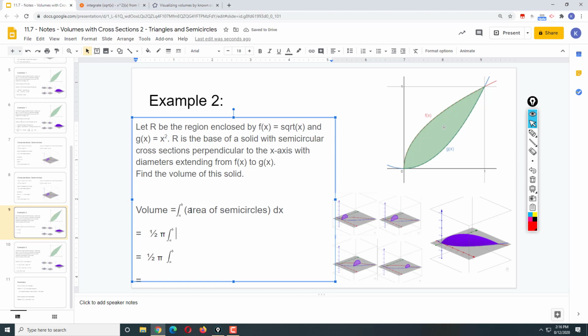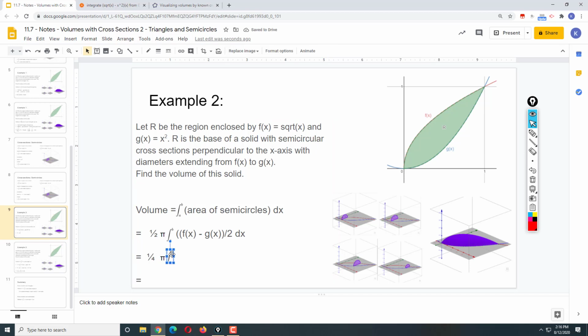So the volume again is the integral from a to b of the area of the semicircles times dx. The area of the semicircles is 1/2 pi times the radius, which is going to be our side length divided by 2. So f of x minus g of x, divided by 2, times dx. And that's really just equal to 1/4.